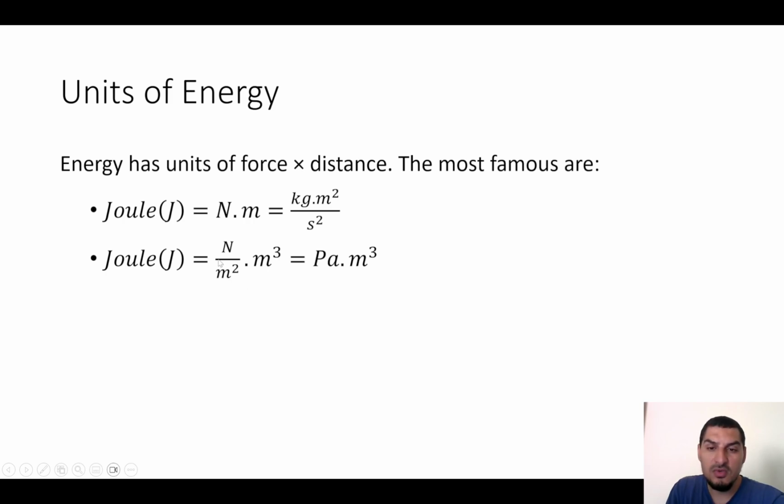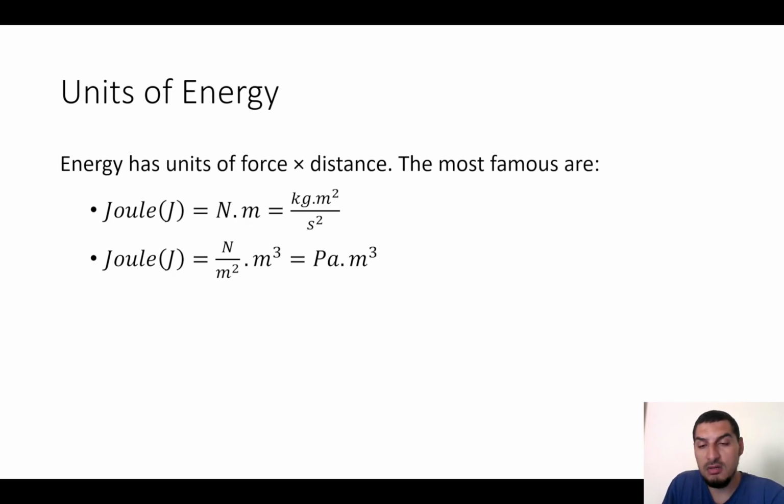It can also be written in another way. It's Newton multiplied by meter. If we multiply and divide by meter squared, it's going to be Newton per meter squared multiplied by meter cubed. So it's going to be Pascal multiplied by meter cubed. So the joule is force multiplied by distance or pressure multiplied by volume.